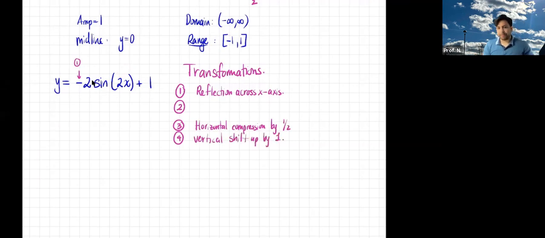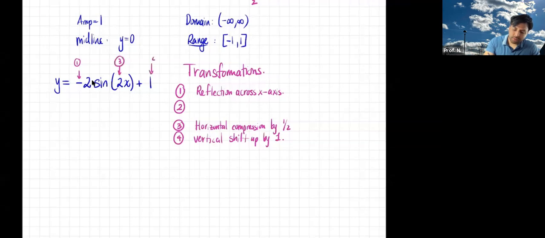There's another thing. What is that other thing that you're missing? There's another 2 that's there, right? In front of that negative. So what does that 2 tell us? So this would be the third transformation.